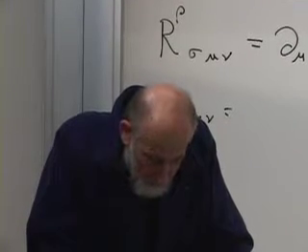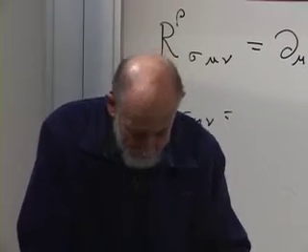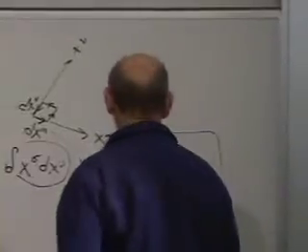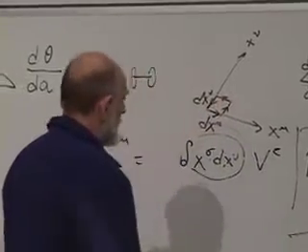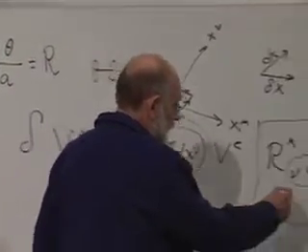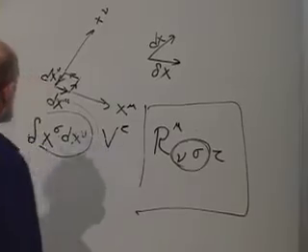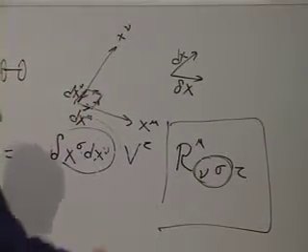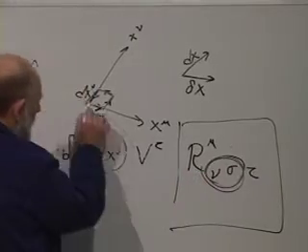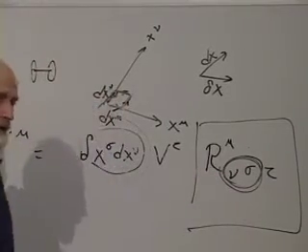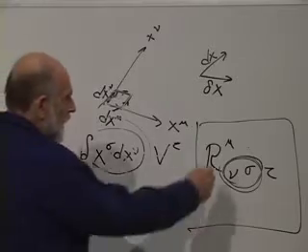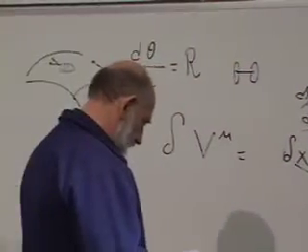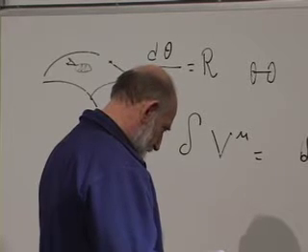Okay, so let me tell you what the symmetries are. First of all, let's remember it's the two middle indices here which have to do with the plane that you go around in. The two middle indices parameterize the plane that you move around in, the mu sigma plane.